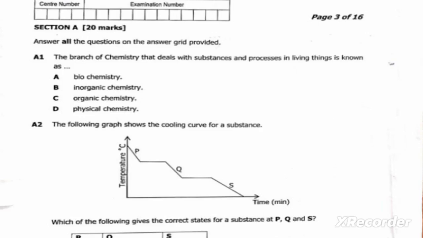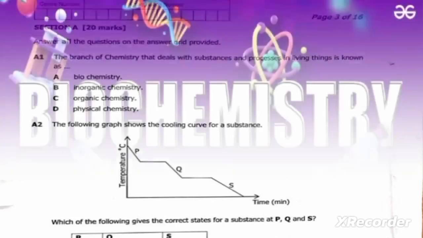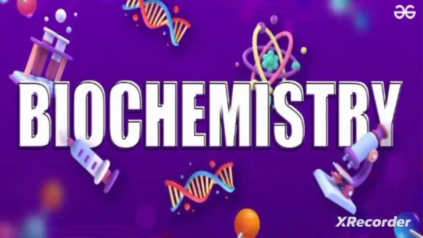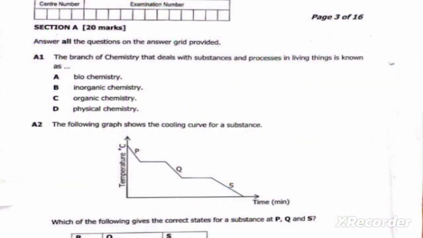The chemistry that deals with the substances and processes in living organisms is called biochemistry. So our correct answer is A.